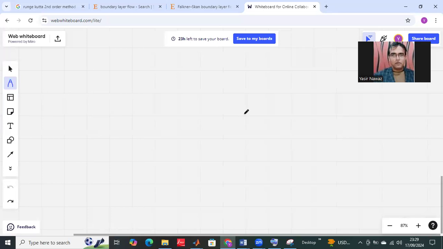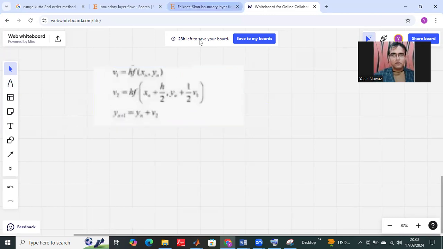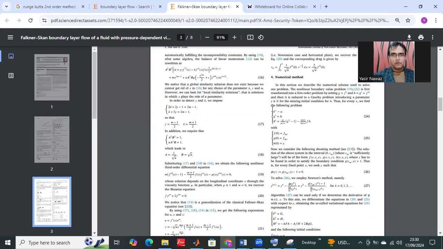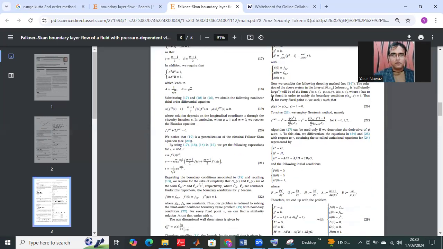So I will use this formula, and for the problem, I have a paper. It's not my paper, but it contains an equation, the third order differential equation 19.